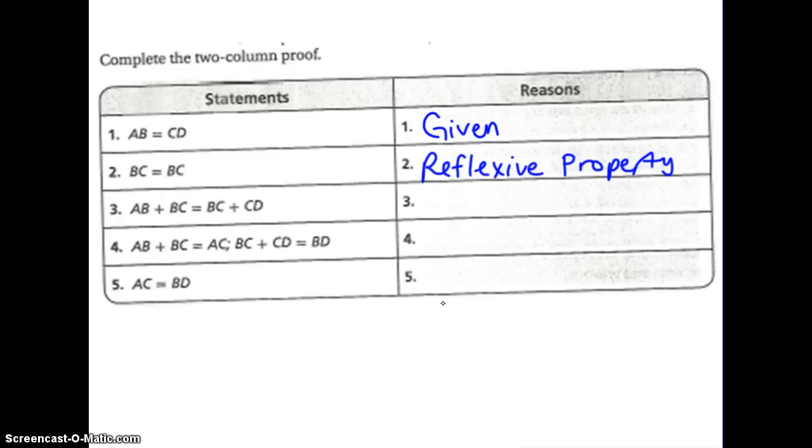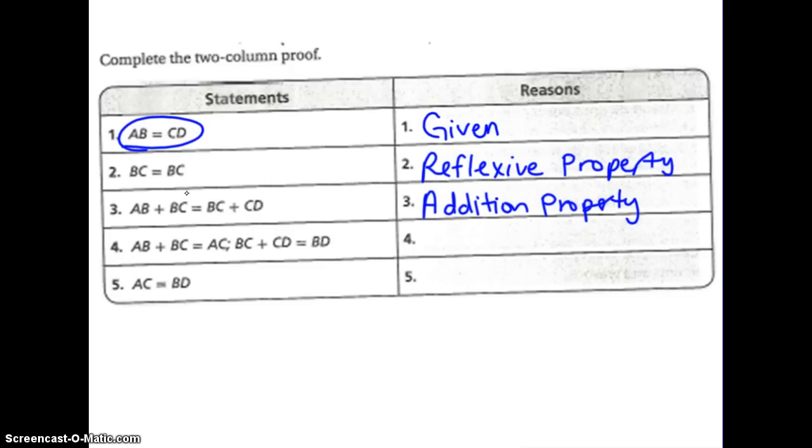They both share BC. Now I know that AB plus BC is equal to BC plus CD. How did I do that? Basically what I'm doing is I am adding BC to the original equation that we started with. So this is going to be the addition property.